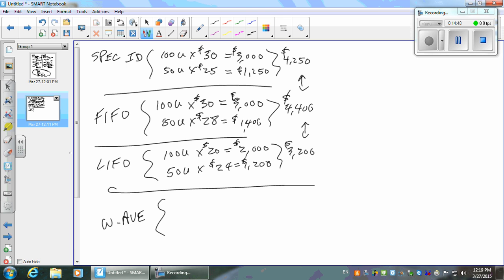Kind of a pain. Beginning inventory is 100 units at $20. So 2,000. First purchase is what? 300 units? How many units? 300? The first purchase, was it? Yeah. How many dollars per unit? 24.